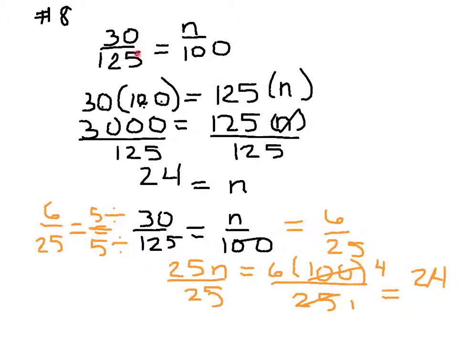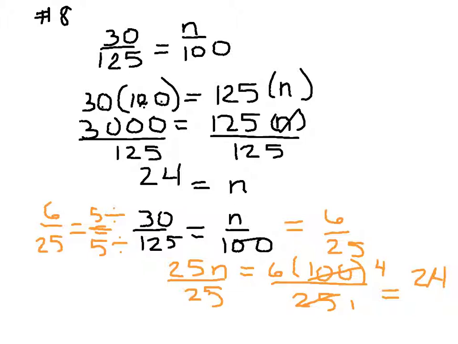So a quick check to see if our number is correct is to say, hey, 30 is way smaller than 125, so my n is going to have to be significantly smaller than 100. So that's a quick check, and that's what I will ask you.